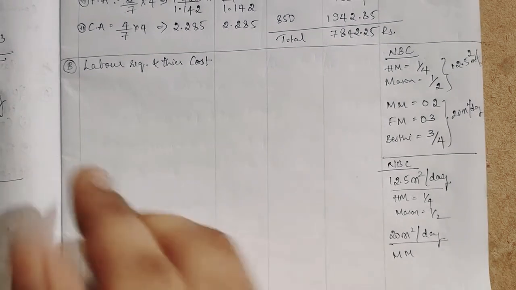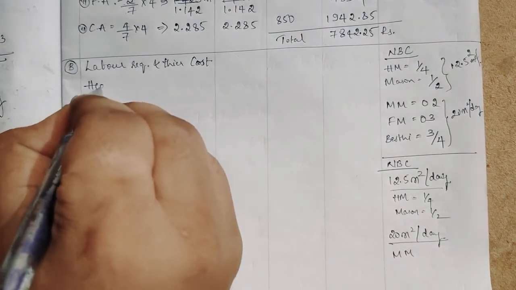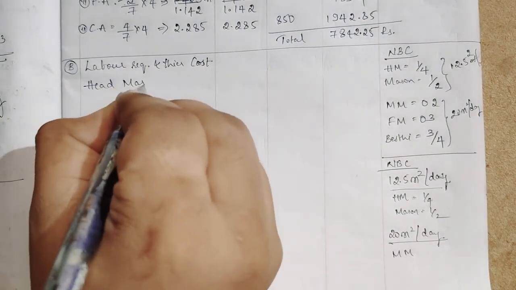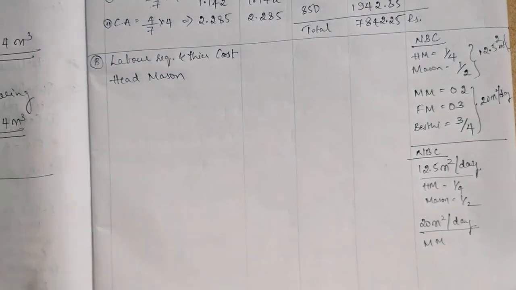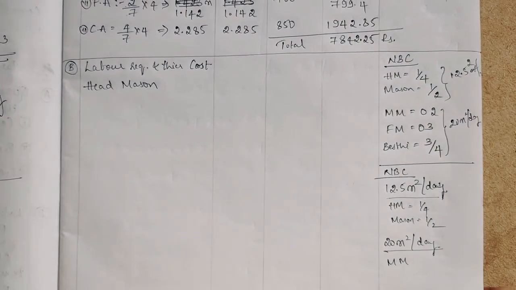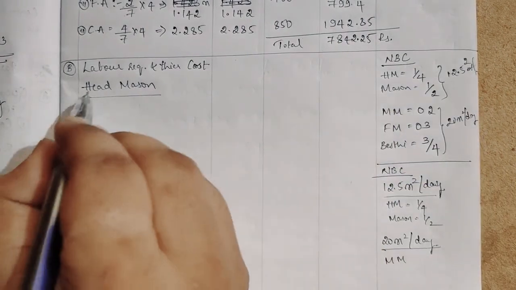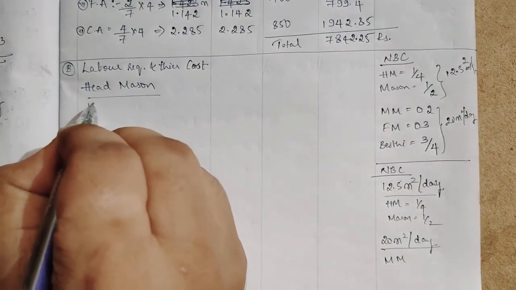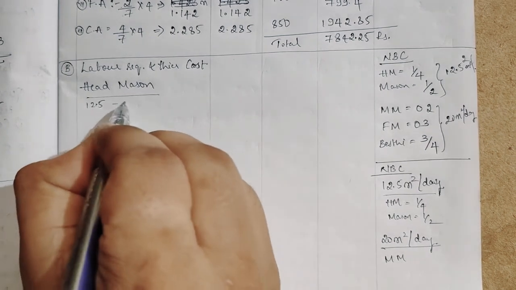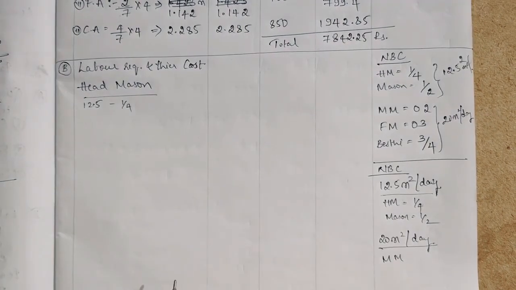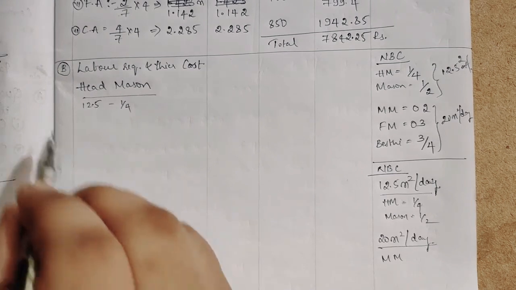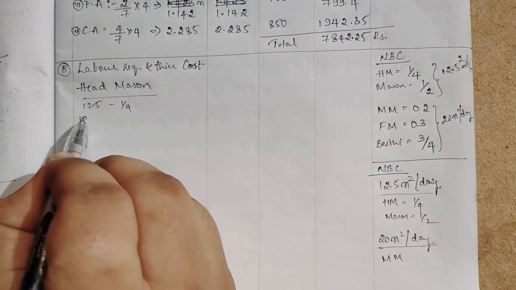First I'll take the head mason. What is 1 divided by 4? For 12.5 meter square of work, 1 by 4 mason we require. Let us assume the amount of work is 100 meter square.